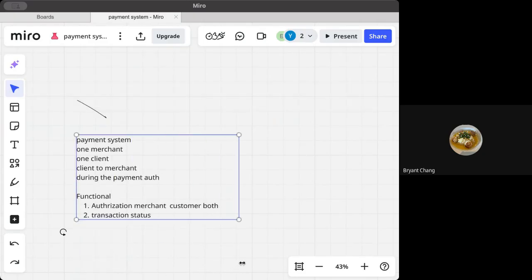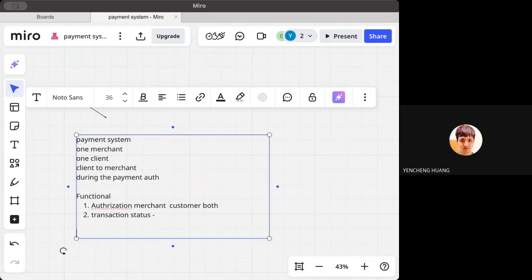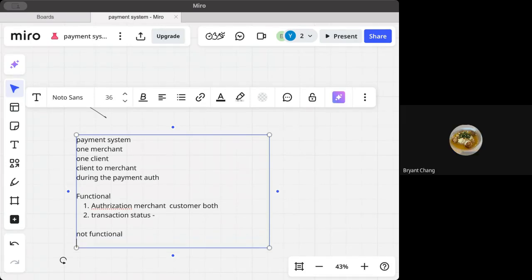The notification should be reliable and also timely. Yeah, so I think the second point is more about the notification. Okay, good.